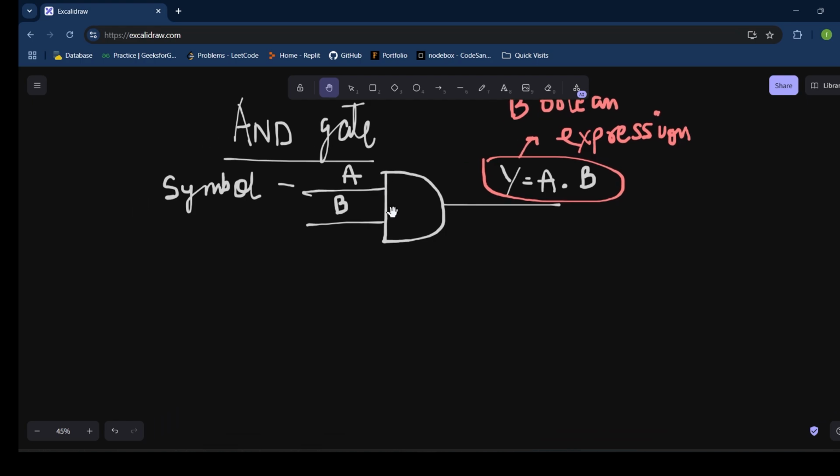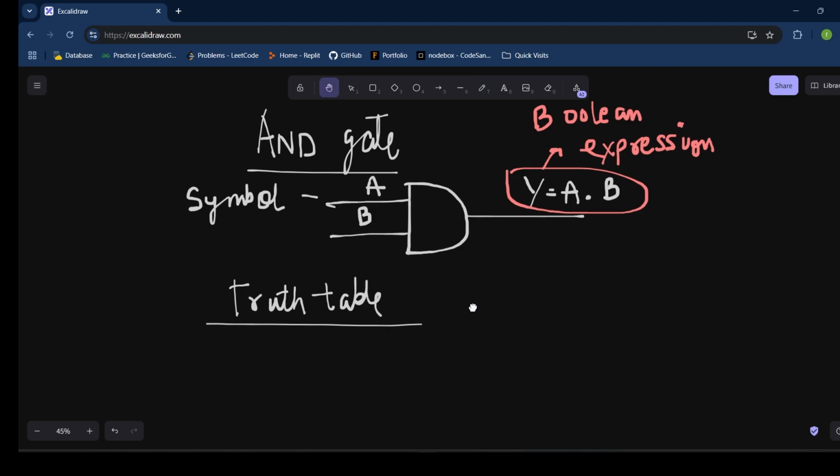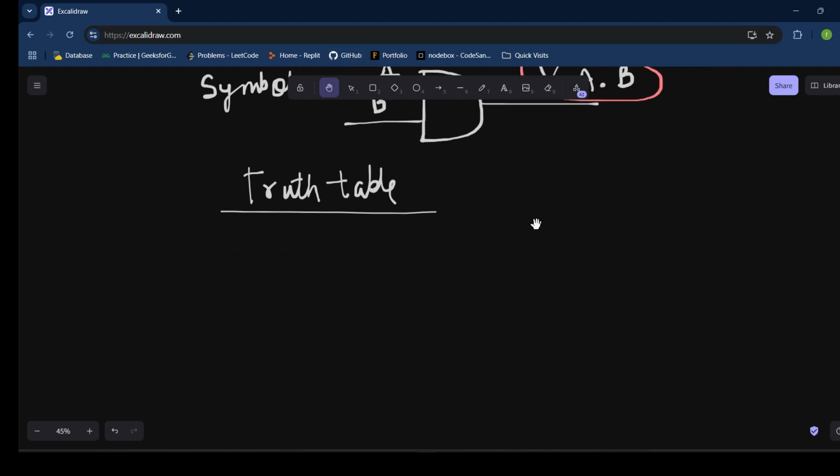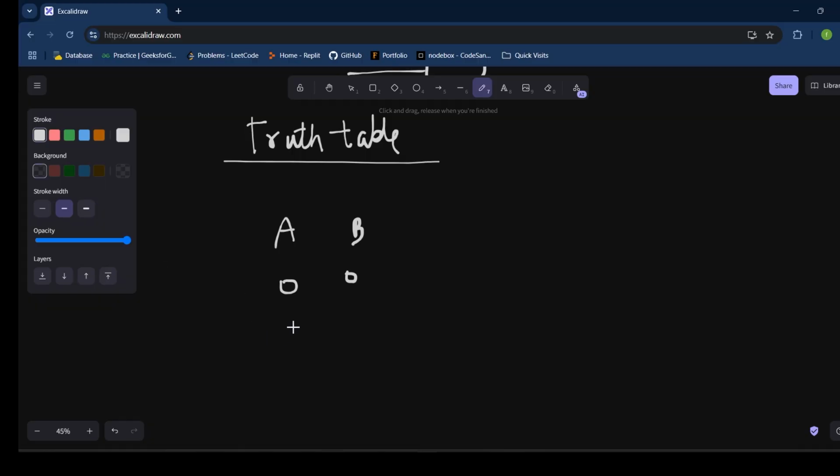Let's have the truth table for this as well. The table would be again, as it is a two input gate, we will have four combinations again. Again 0 0, 0 1, 1 0, 1 1.